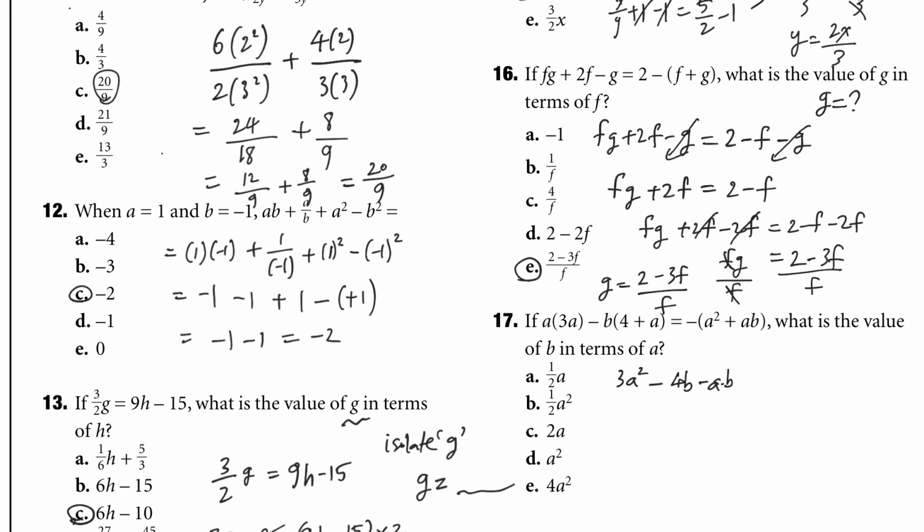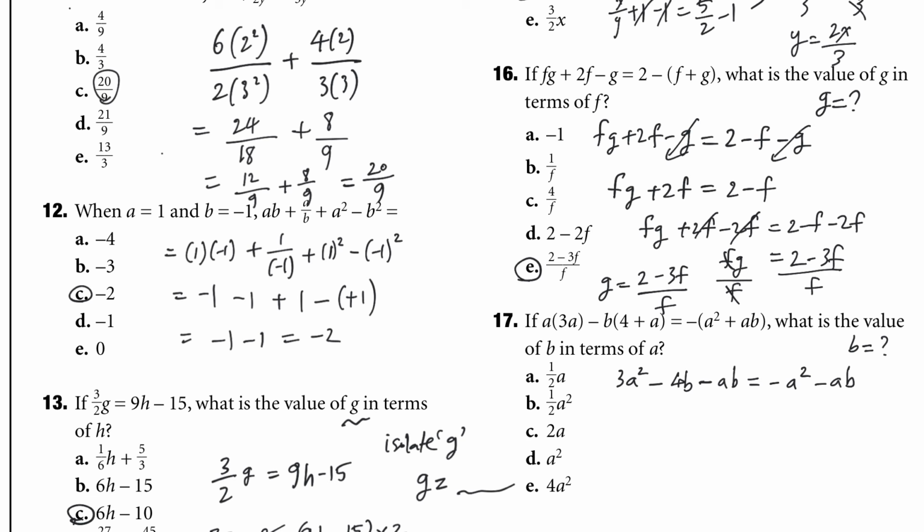I'm going to rewrite this so that's clear. Negative ab is equal to, I want to open up the brackets so all the pluses become negatives. Now I want the value of b in terms of a. So what is b in terms of a?